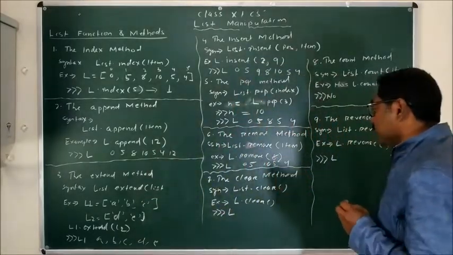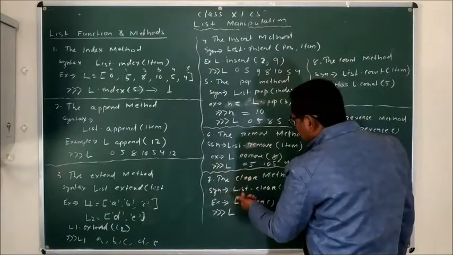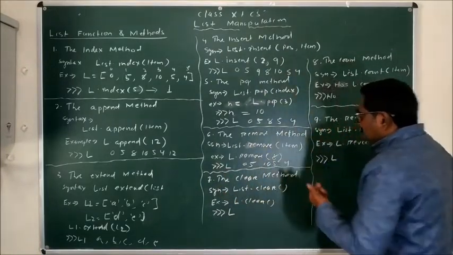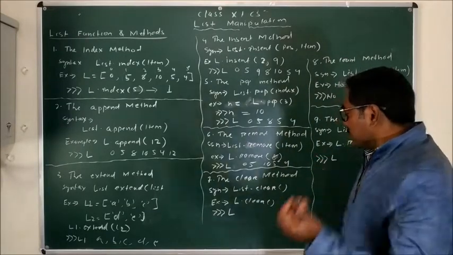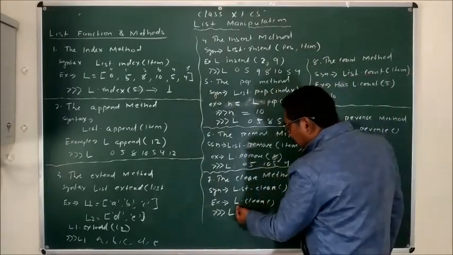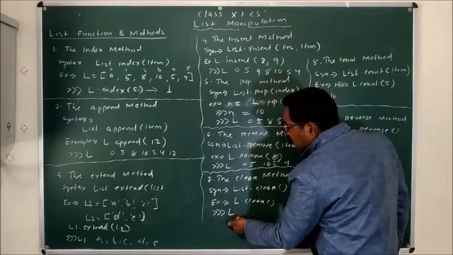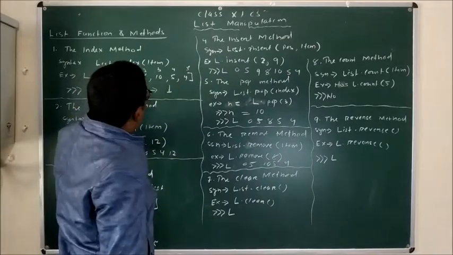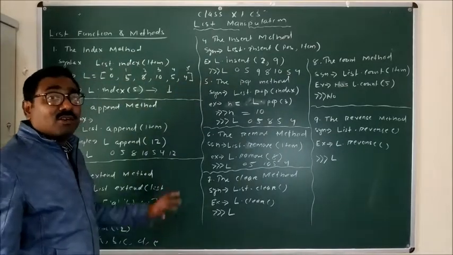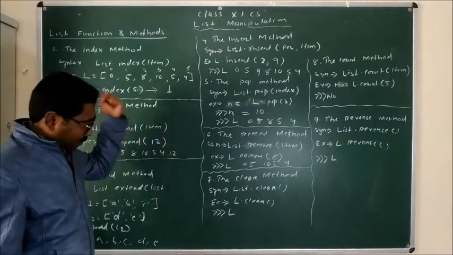It is very simple to use. The syntax is list dot clear. Nothing should be entered as a parameter because the complete list has to be removed, so when I am writing L dot clear and then displaying L, nothing will be displayed. All these elements will be removed or deleted from the list.